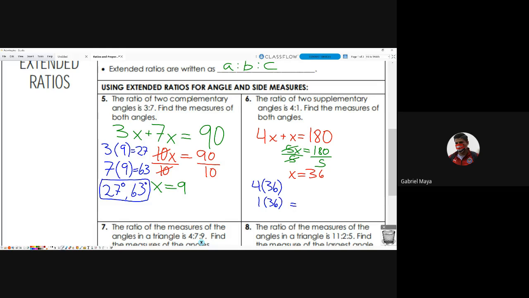So this one is just 36 degrees. And 4 times 36 is, I forget.